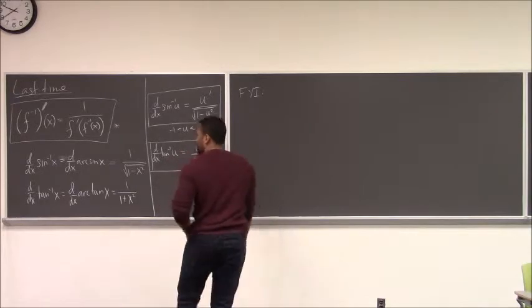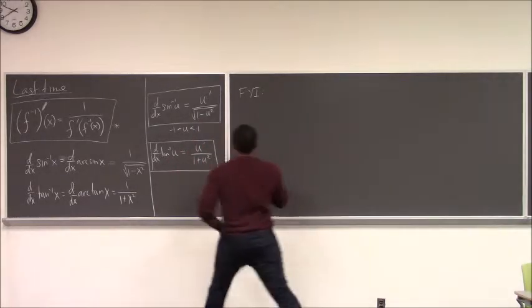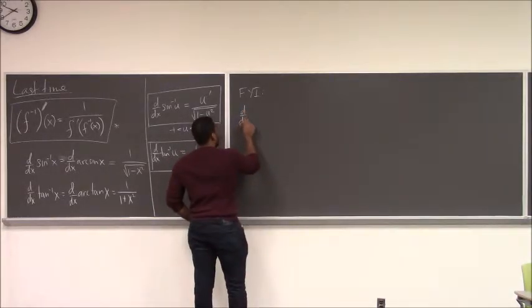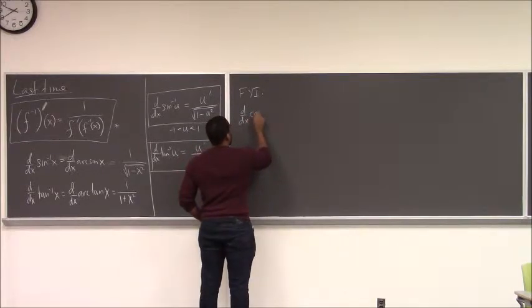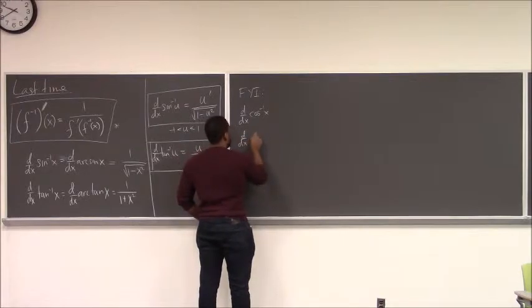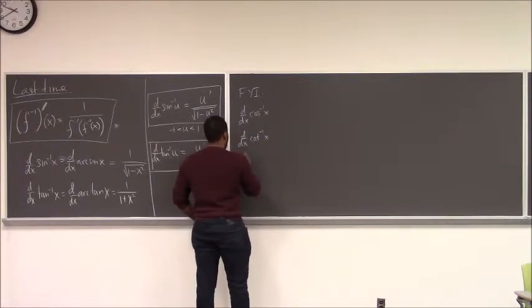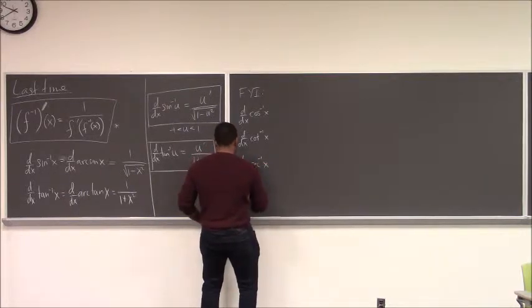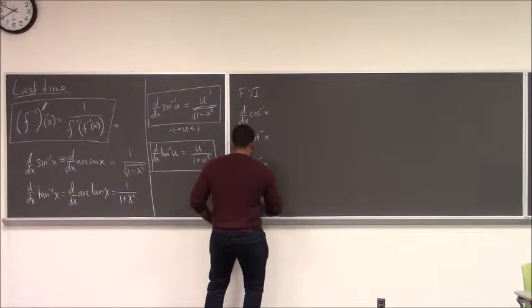we'll probably talk about this in Calc 2 a little more. You do know the derivatives of the other ones. So we can talk about the cosine inverse, the cotangent inverse, the secant inverse, the cosecant inverse.